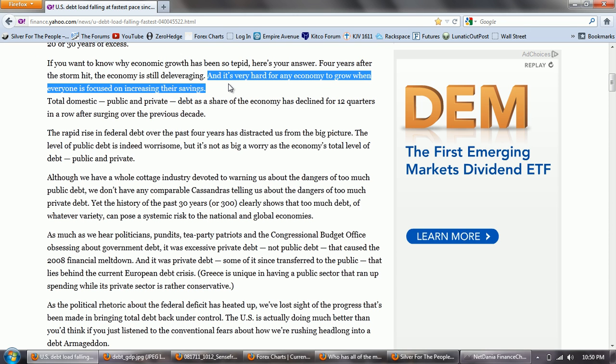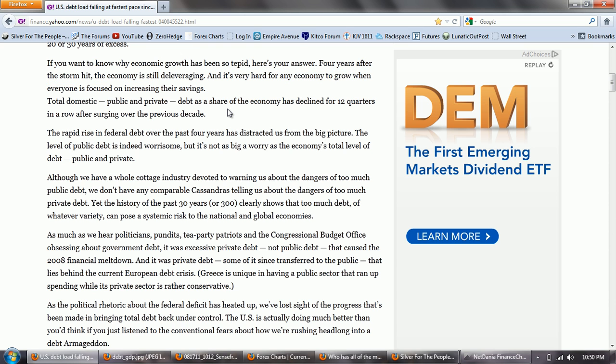Anybody who's listened to Peter Schiff, anybody who's listened to any von Mises or Lou Rockwell or any Austrian economist knows that it's savings that creates the capital formation that allows the money to exist to be borrowed by businesses, which ultimately results in growth. So, of course, the Keynesians are dead wrong. They're on the exact wrong side of the argument, but they're trying to salvage the gigantic mess they've made.